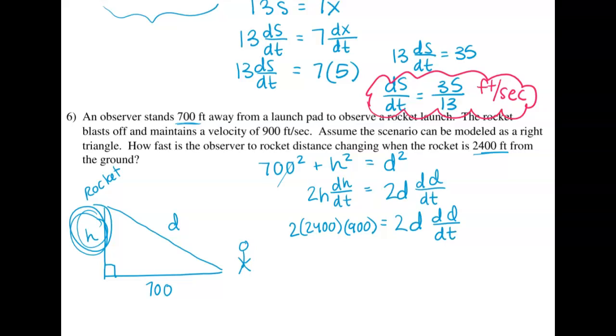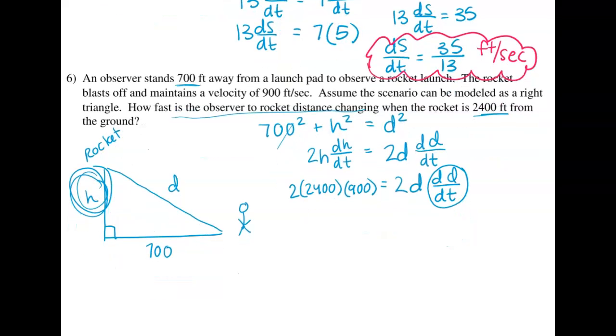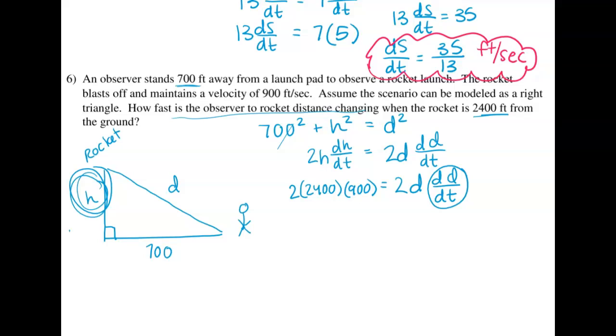Well, we have two variables. We're being asked how fast is the observer to rocket distance changing. So what we're trying to find is dd/dt, so that means we'll have to be able to figure out d. Well, we can. We have a right triangle. So if h is 2400, we can set up 700 squared plus 2400 squared equals d squared.